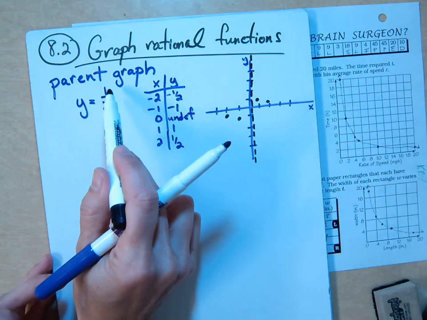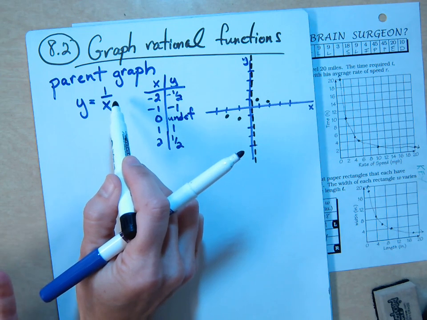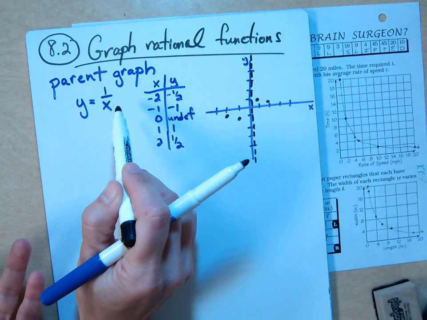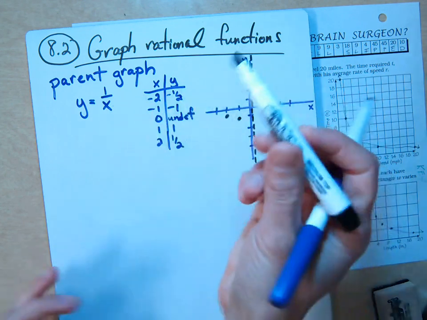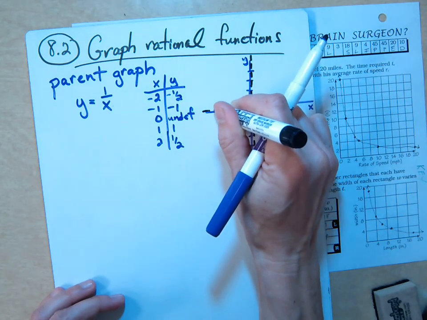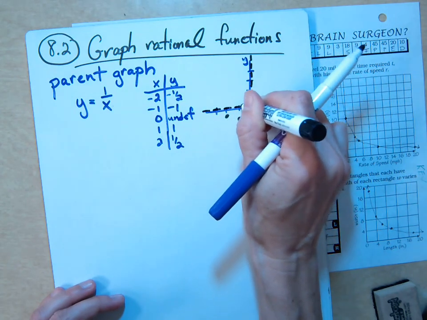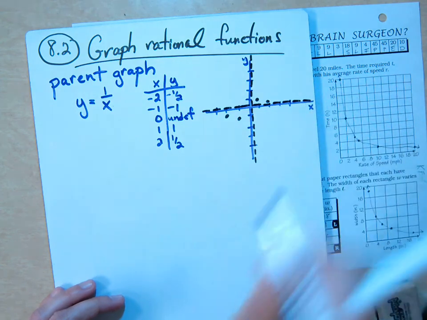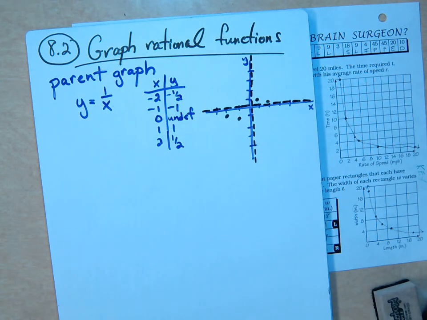Because tell me 1 over what is going to give you 0? Can that ever happen? Tell me a number. 1 divided by something is 0. What's that number? Can't happen. So you have another asymptote right here on the x-axis, which is y equals 0. So you have 2 places where it's undefined.